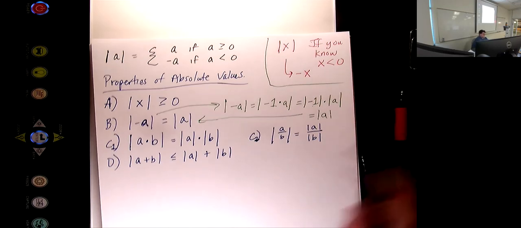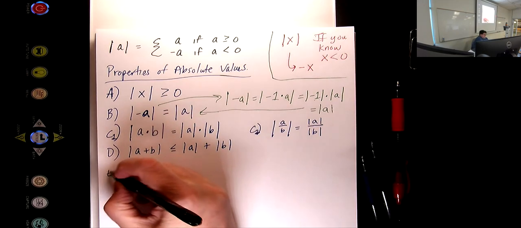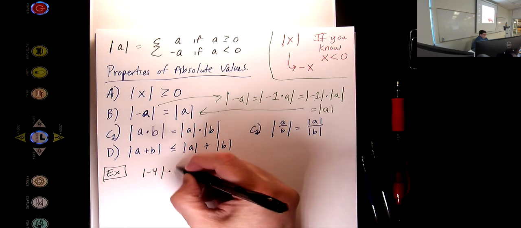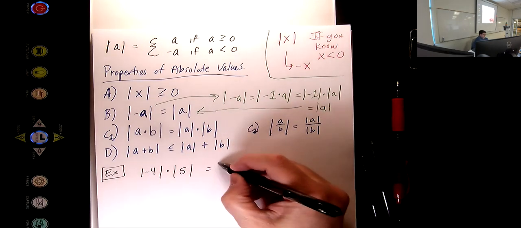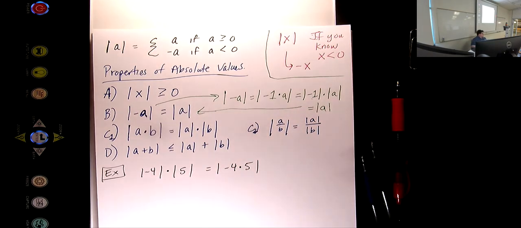Some examples. If I have the absolute value of -4 times the absolute value of 5, this is going to be the same thing as the absolute value of -4 times 5. And we can test that. We can show that that's true.